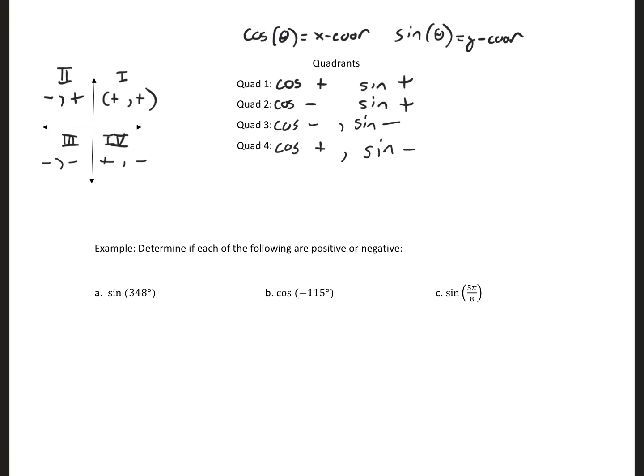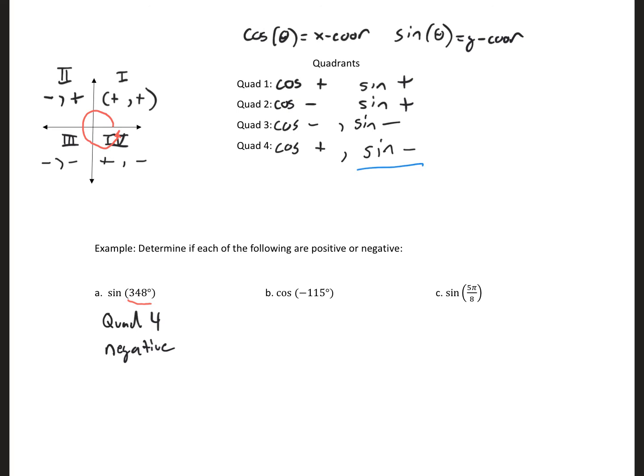Well, considering that it's 360 degrees to get all the way around, I know 348 degrees is not quite going to be all the way around. So this is in quadrant 4. And we know in quadrant 4, sine is negative. So sine of 348 degrees will be negative.